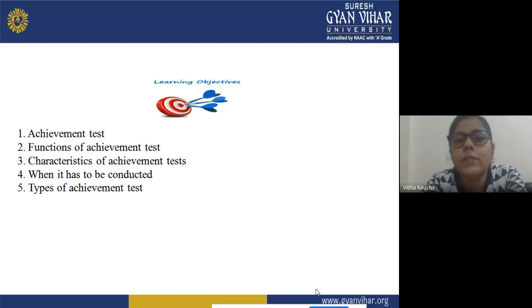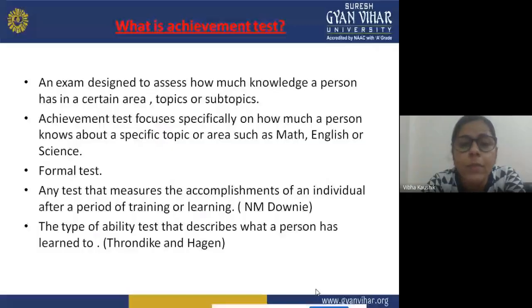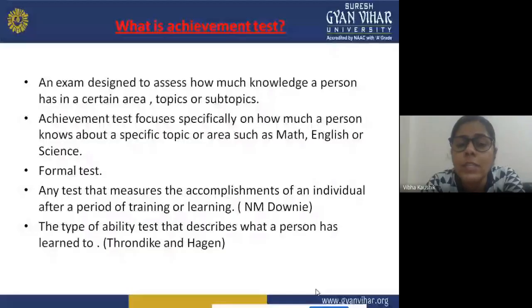Now, what is achievement? It is an exam designed to assess, means it is a type of exam or assessment which is prepared in such a way that it will assess how much knowledge a person has in a particular area.